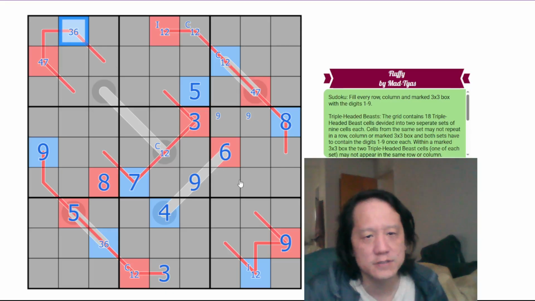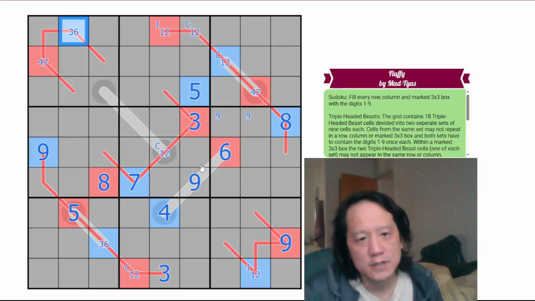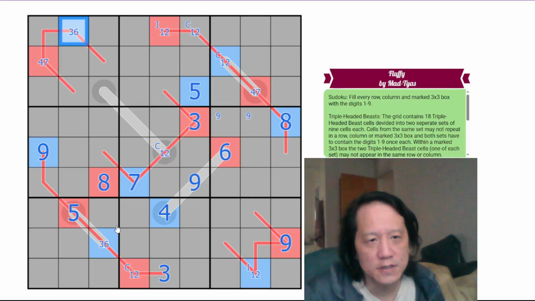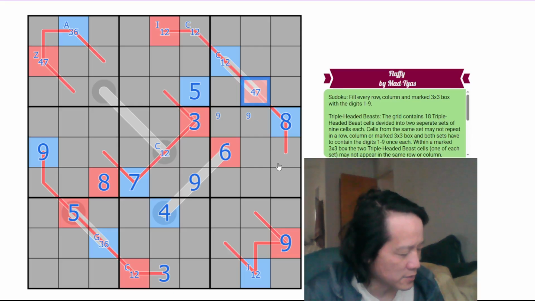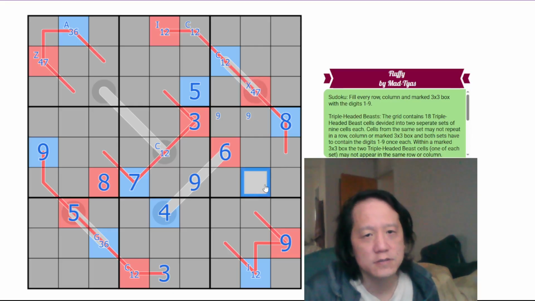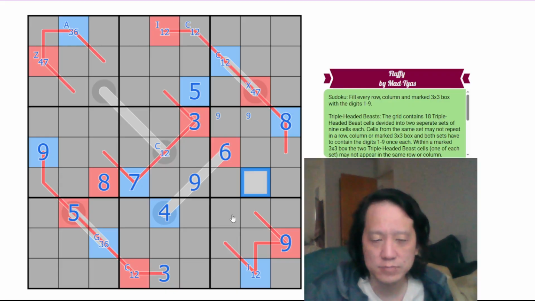This is 3 and 6. This is A. Oops. We have A and G. And this was Z and X. Okay.